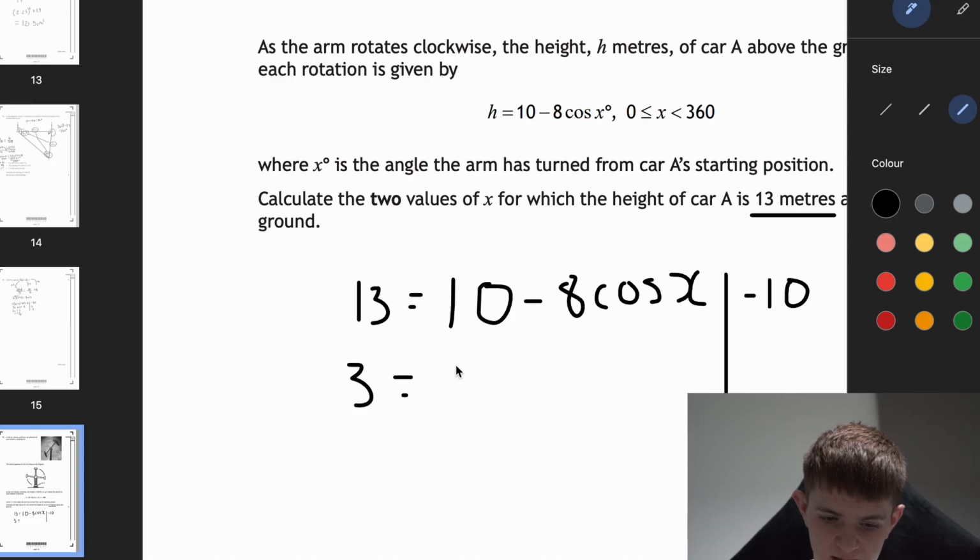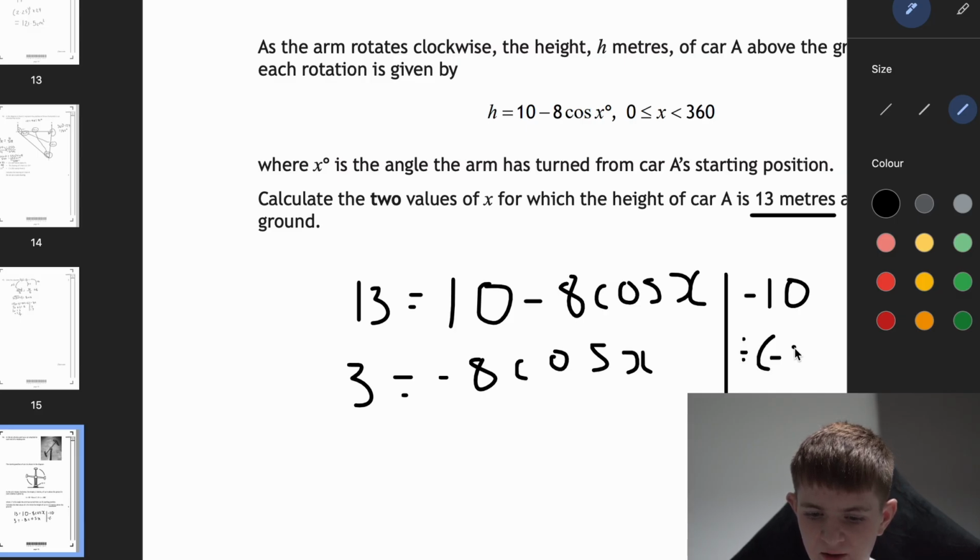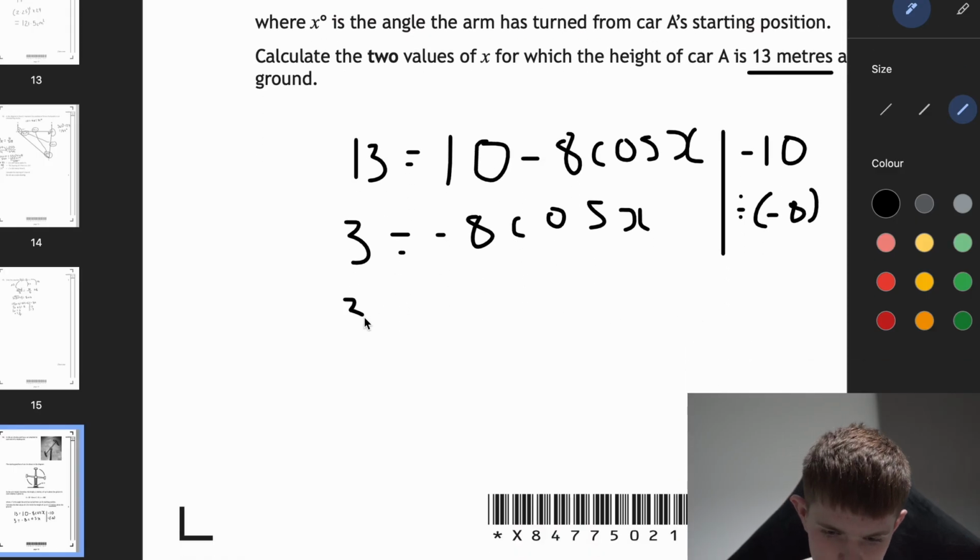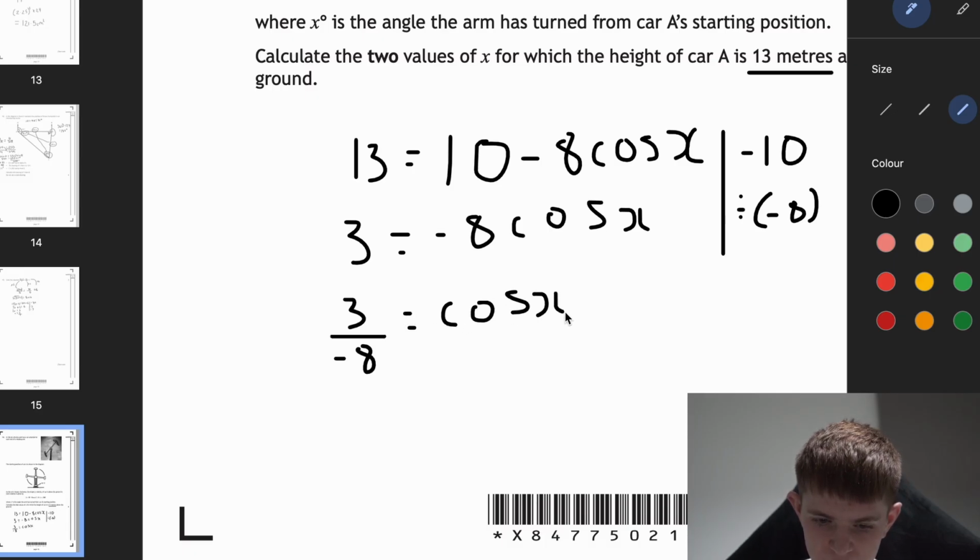So we'll have 3 equals negative 8 cos x. Then going to divide by negative 8. So 3 divided by negative 8 is cos x, which is what we're looking for.